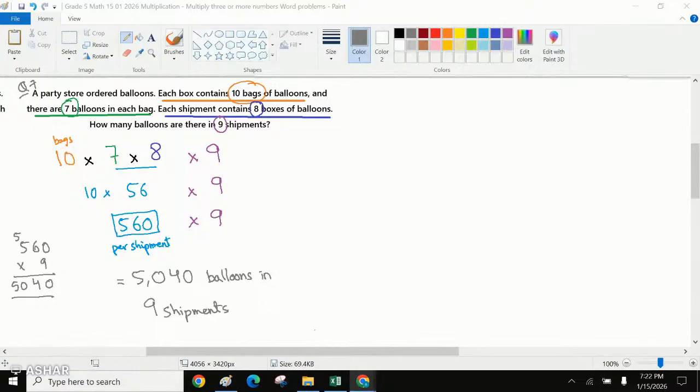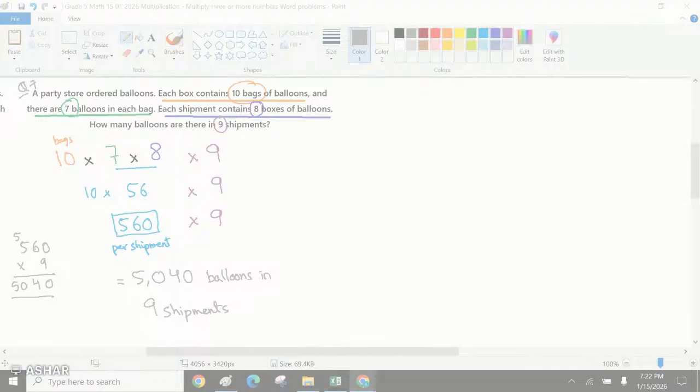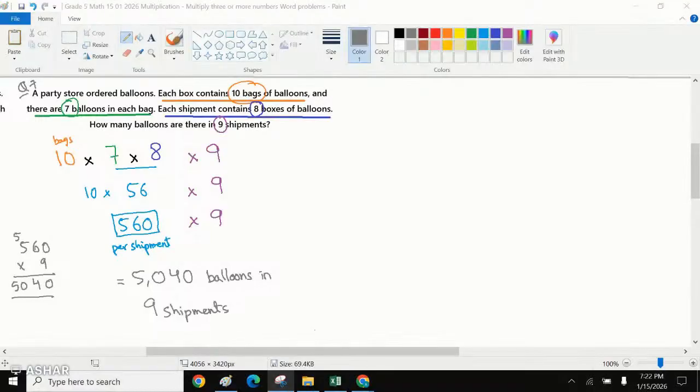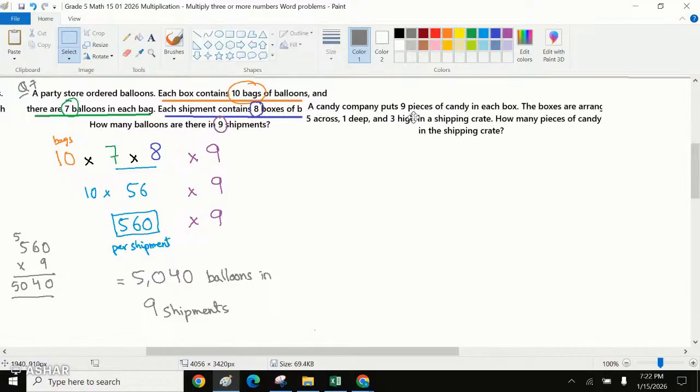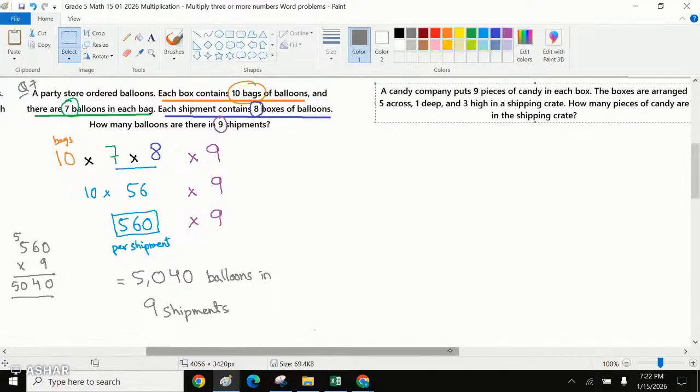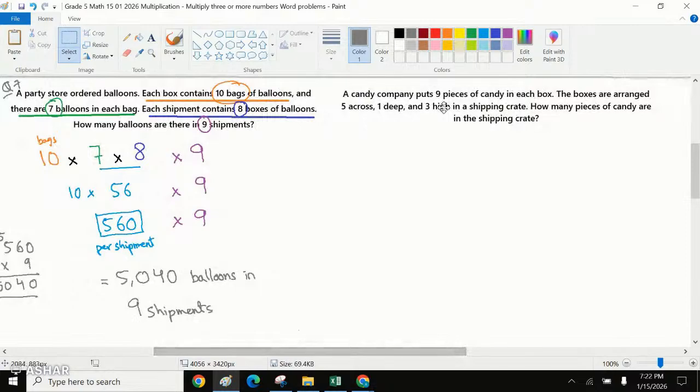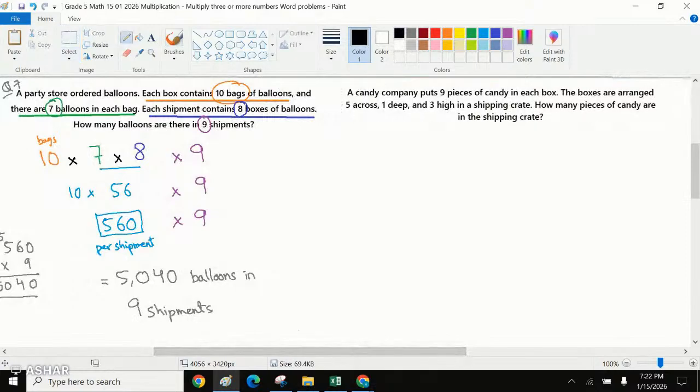The next one is, a candy company puts 9 pieces of candy in each box. Let me just copy this. So question number 8 says this. And let's highlight the information given. They put 9 pieces of candy in each box.